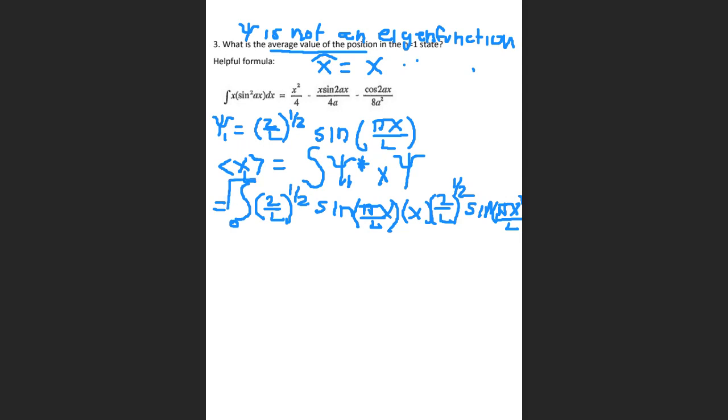The scheme in general here is to figure out an integral you have to do, simplify it, and then use one of these handy formulas from a few pages back to solve the problem. Are there questions about how I got to this point? Basically, I took the complex conjugate of psi, which is the same thing in this case, multiplied it by x, and multiplied again by psi. So we have this sandwich type integral where x is sandwiched between two sides.